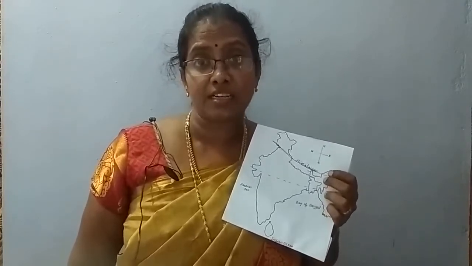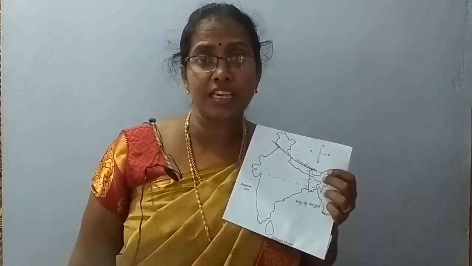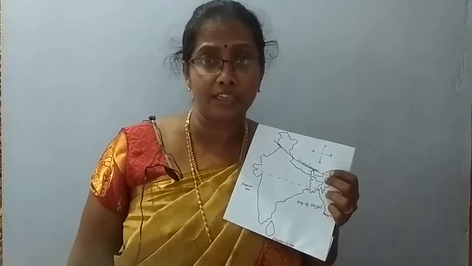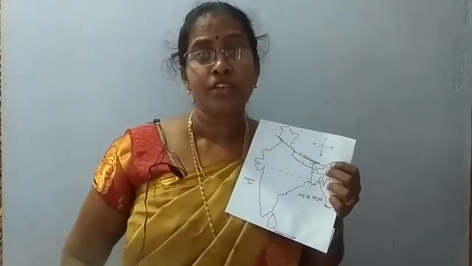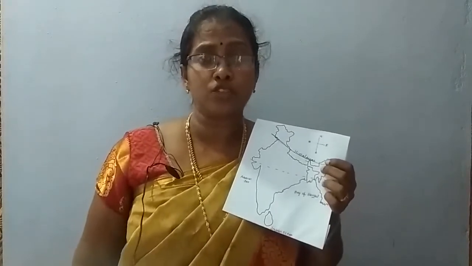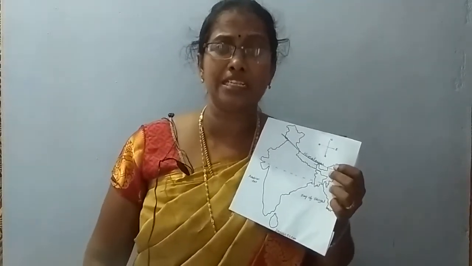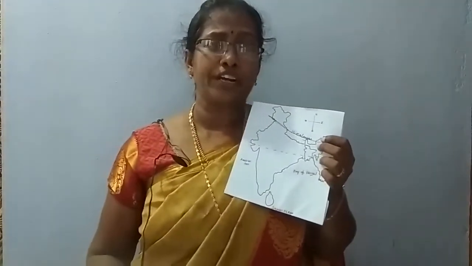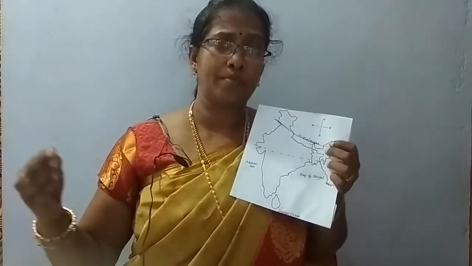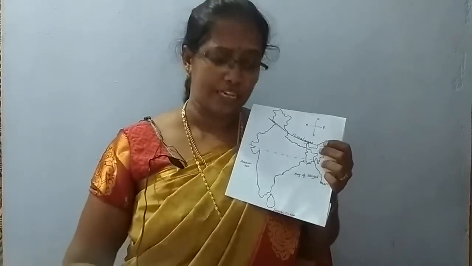And cause, C-A-U-S-E, means reason. It causes moderate to heavy rainfall. In the initial part it causes moderate rainfall; in June, July, September and so on, it causes heavy rainfall. That only is given.